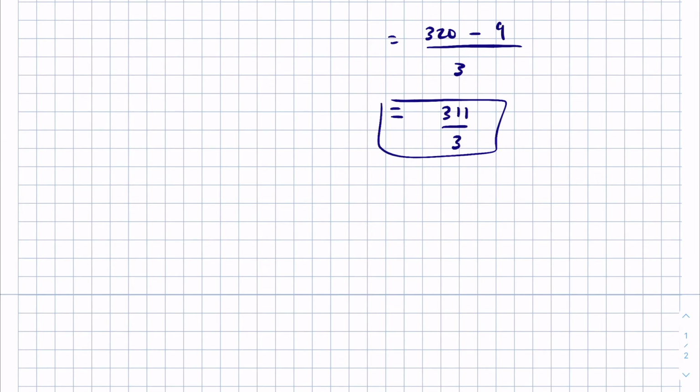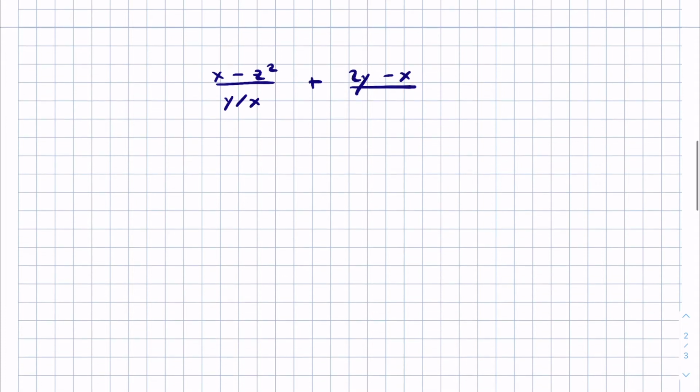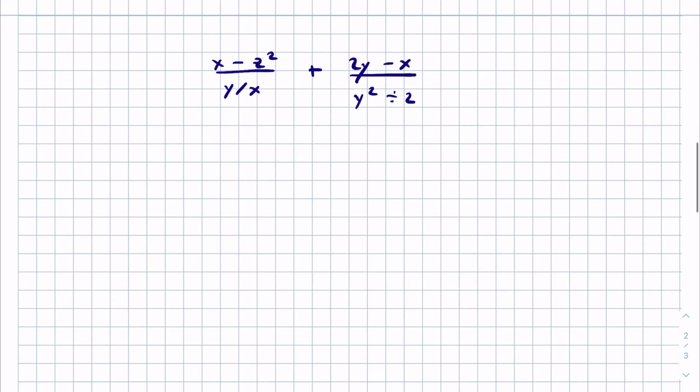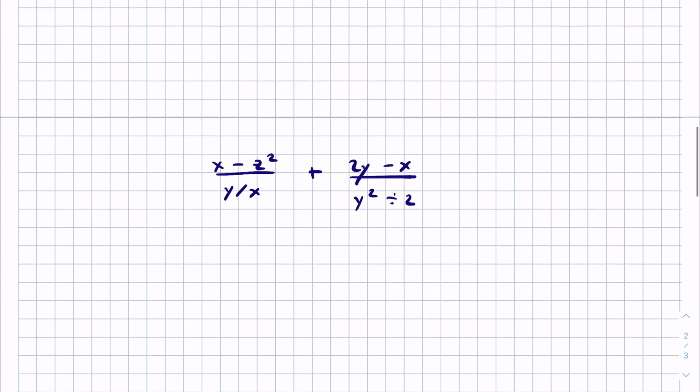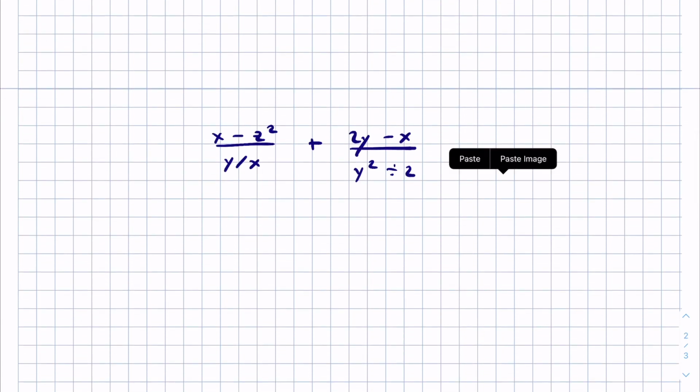Let's do another one. Say that we have x minus z squared, all over y divided by x, plus 2y minus x, all over y squared divided by 2. So the first thing I'm going to do is bring the top here and put it down here.